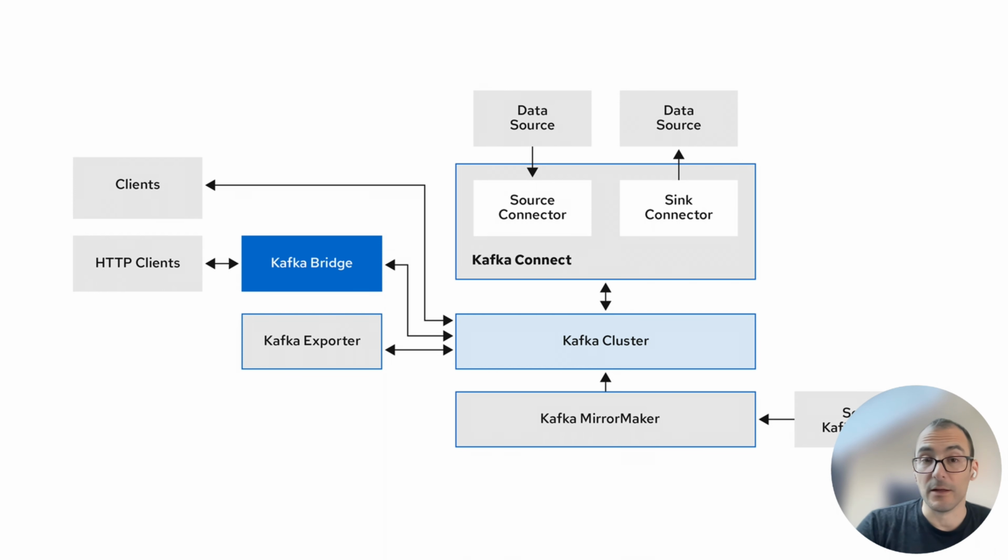Now we can see the Kafka component architecture by Strimzi. So we have the different parts of Kafka which Strimzi is offering here. We have Kafka Connect, which is an integration tool for streaming data between Kafka brokers and other systems using this concept of connector plugins. I'm not going into details of this because it is a huge chapter on its own.